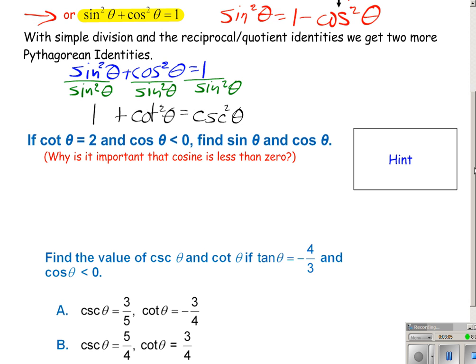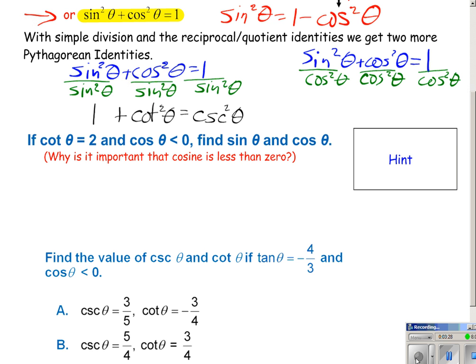Likewise, if we take the original, sine squared theta plus cosine squared theta equals 1, and divide everything this time by cosine squared, this yields sine squared over cosine squared, which is tangent squared of theta, plus cosine squared theta over cosine squared theta, 1, equals 1 over cosine squared, which is secant squared of theta.